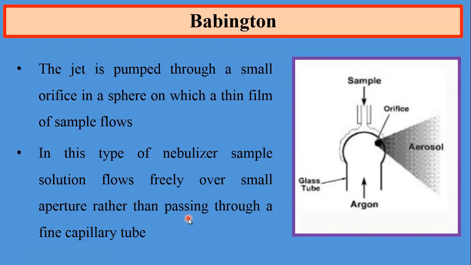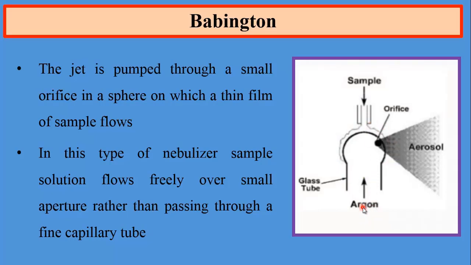Third one is Babington. It is also a type of pneumatic nebulizer. The jet is pumped through a small orifice in a sphere on which a thin film of the sample flows. Actually, this is the spherical shape of the Babington. Here the sample will fall and flow freely on this surface.